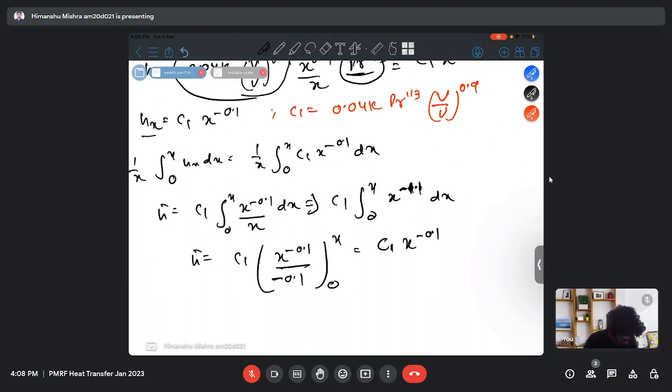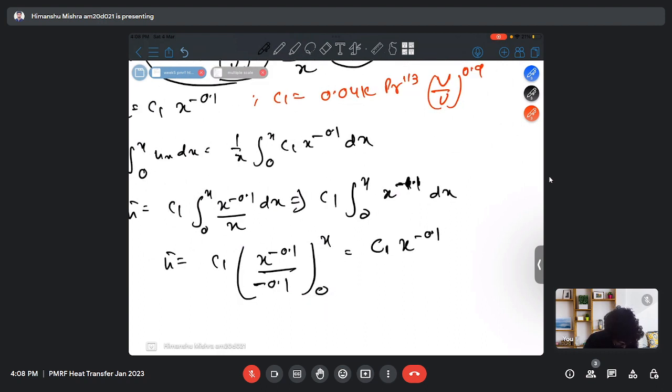If you are writing this, then I think the value of C1 you should change to C2, because a factor of 10 will be coming, 10 multiplied by C1. And can we take that 1 over x into the integration sign and then integrate?